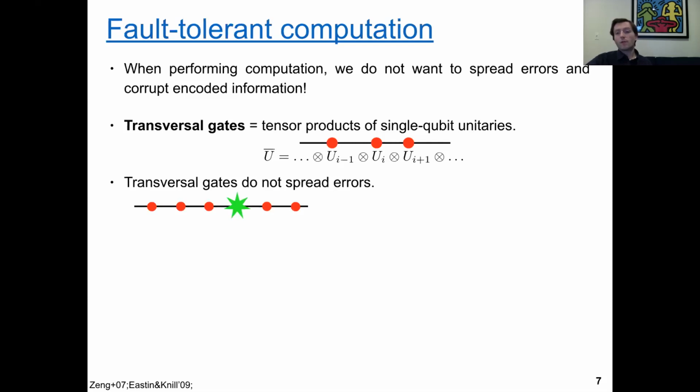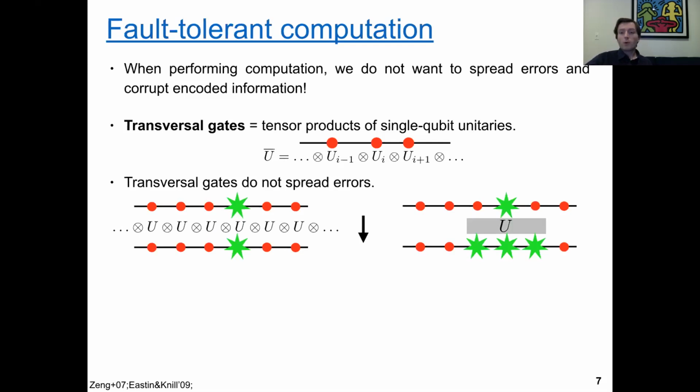Namely, if one qubit is affected by noise, and if we apply a transversal gate to the system, errors on that qubit will not spread to other qubits. However, if we were to apply some unitary which is composed of multi-qubit gates, one fault affecting one qubit can potentially spread to many qubits and eventually can lead to a logical failure. It can affect the encoded logical information.